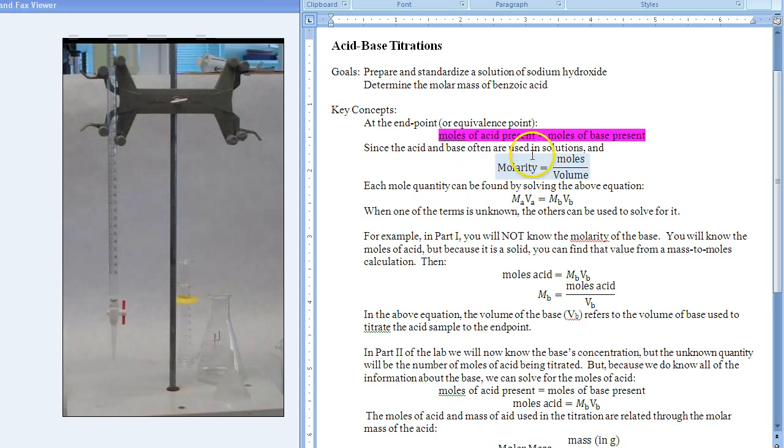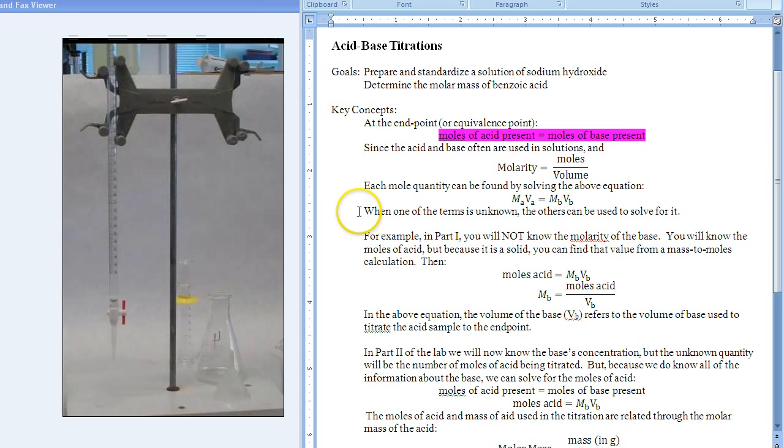So if we solve this equation for the moles, we arrive at molarity times volume. Each side of our shaded equation would become the molarity of the acid times the volume of acid used, equals the molarity of the base times the volume of the base used.